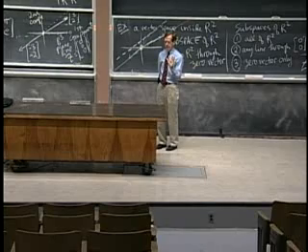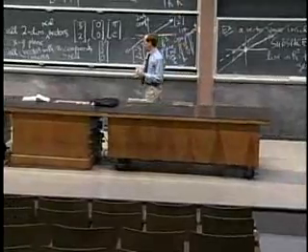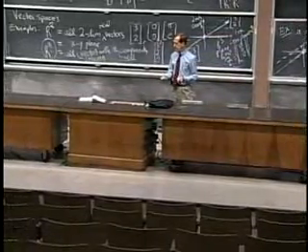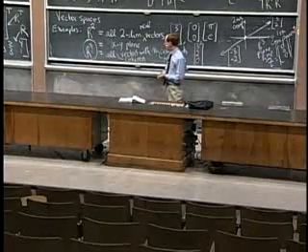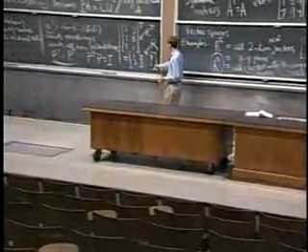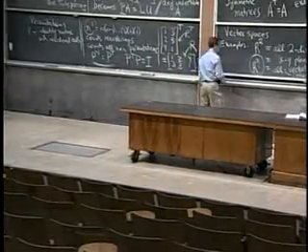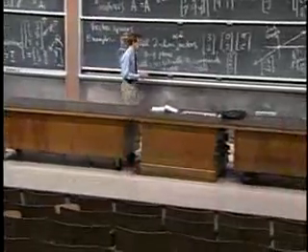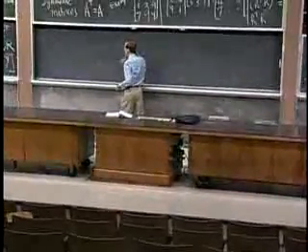But now comes the reality: where do these subspaces come from? How do they come out of matrices? And I want to take this matrix, let me take that matrix. So I want to create some subspaces out of that matrix.